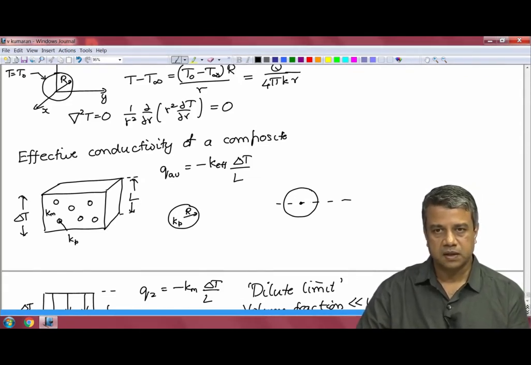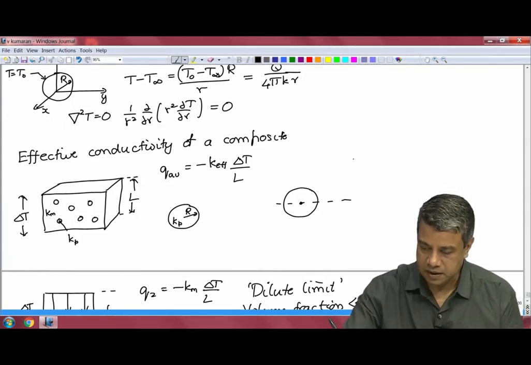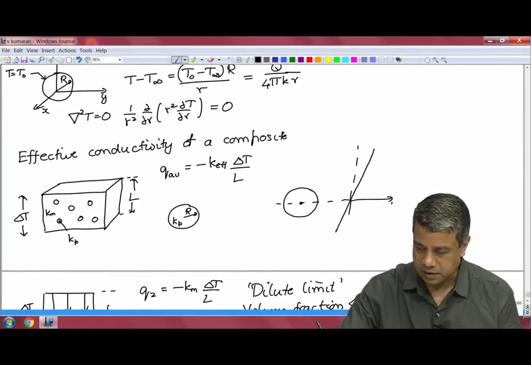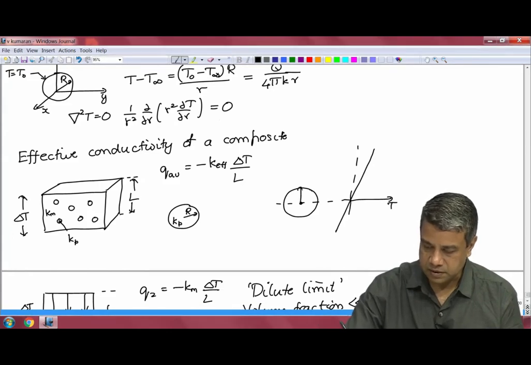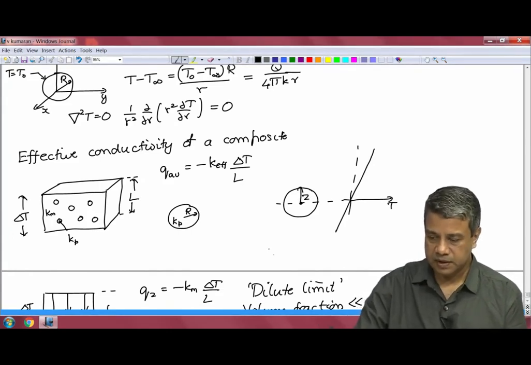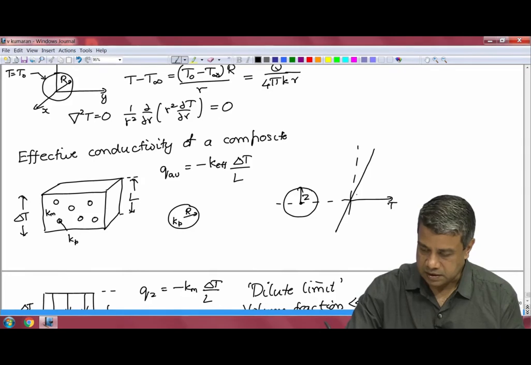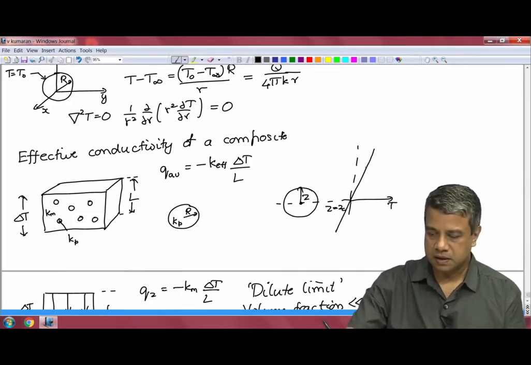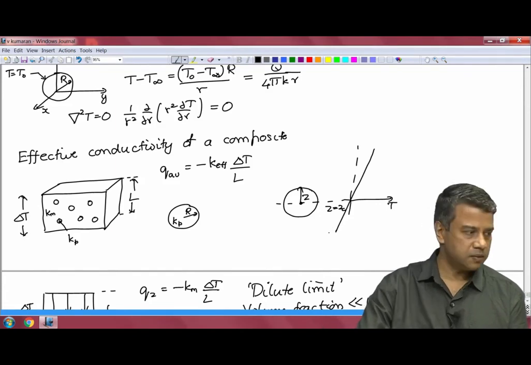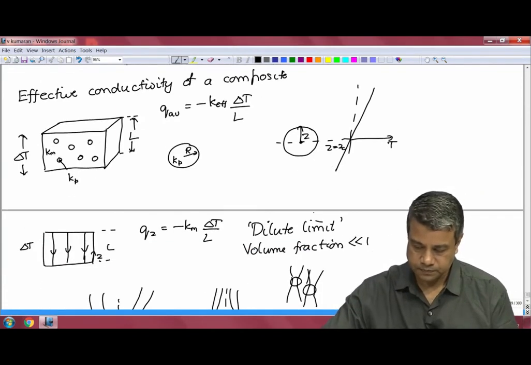If you recall, in the absence of any particles, the temperature field will have a linear gradient far from the particle. If I plot the temperature as a function of this coordinate z, and take z equal to zc as the center of the particle, the temperature will vary linearly about this location.